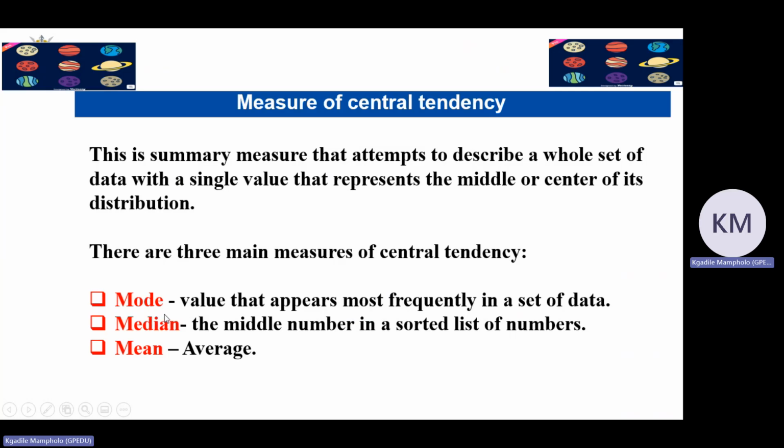So we say it attempts to describe the whole set of data, like the median. If the median mark is 60%, that gives you a clear indication of how learners performed.